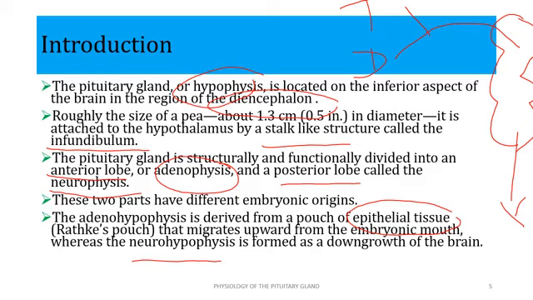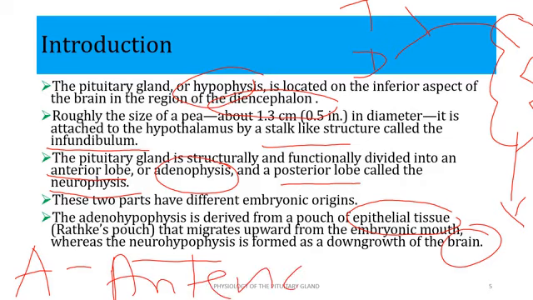The neurohypophysis is neural in nature because it is a downward extension of the brain, while the anterior pituitary is glandular in nature. That's why we call it adenohypophysis for the anterior pituitary, while neurohypophysis is for the posterior pituitary.